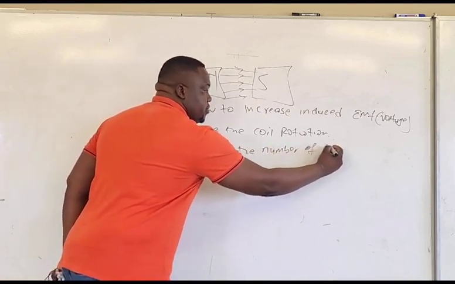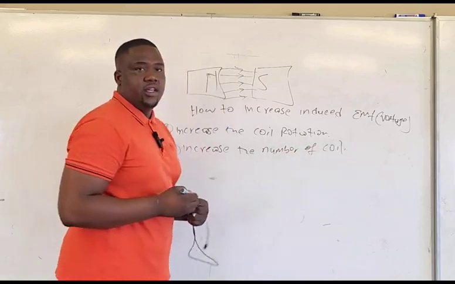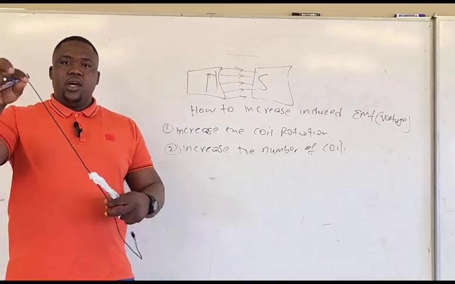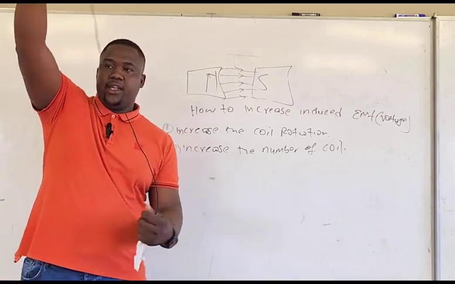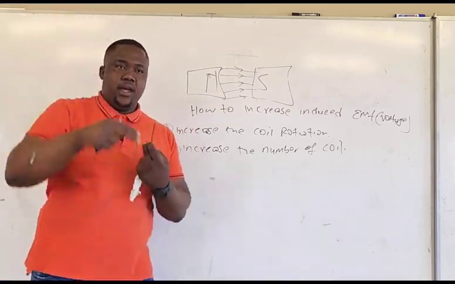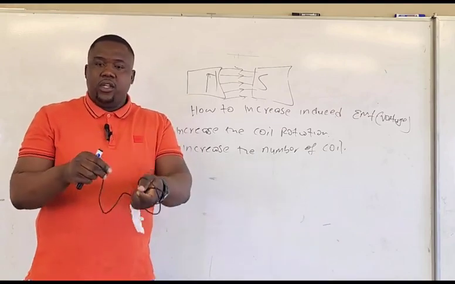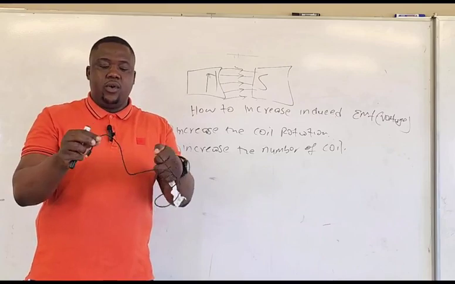the number of coils. You find that you have used a small electrical cord like this, and you have made a coil. The coil is relatively going to be small.